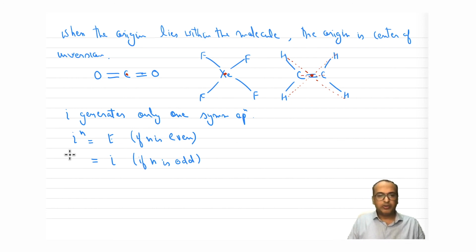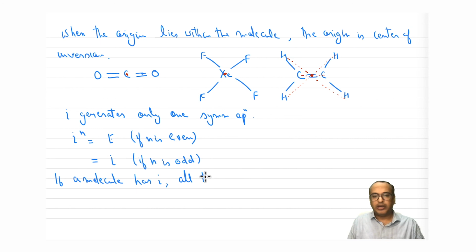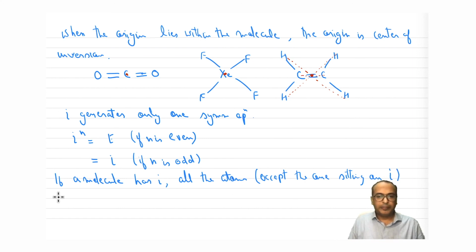So one important conclusion from here: if a molecule has i, all the atoms except the one sitting on i must be present in pairs, right?